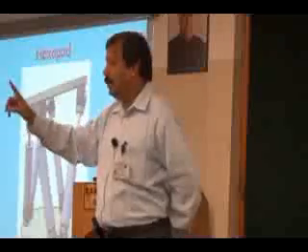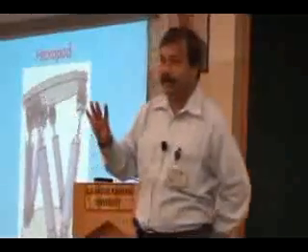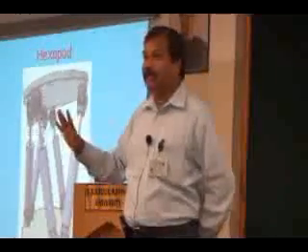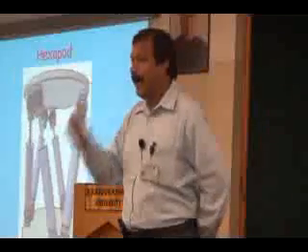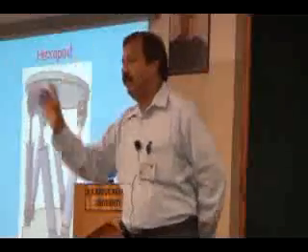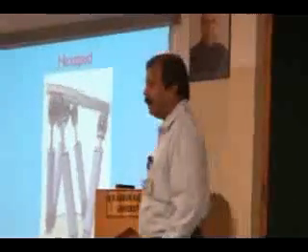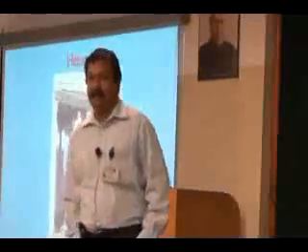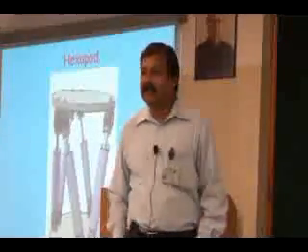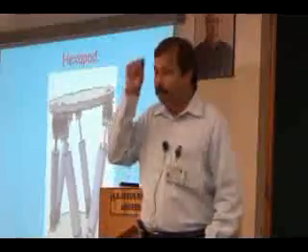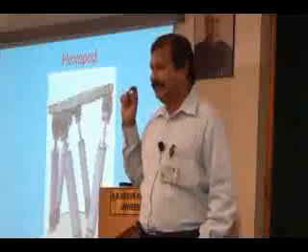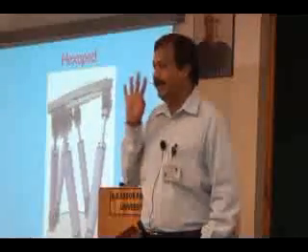Please take it from me, you should never forget this: any point in 3-dimensional space has 6 degrees of freedom. What are the 6 degrees of freedom? It can move along the x-axis. It can move along the y-axis.